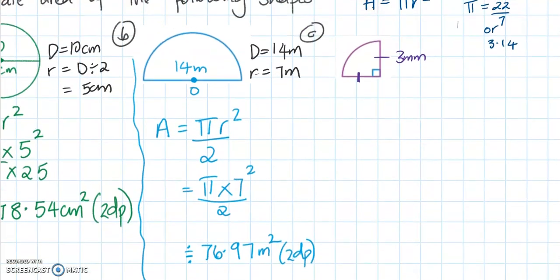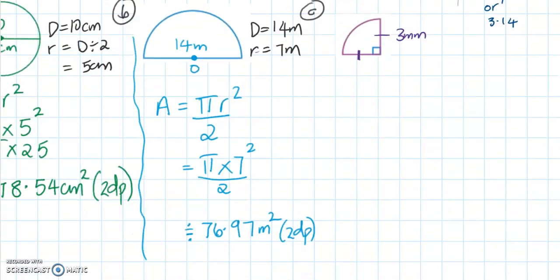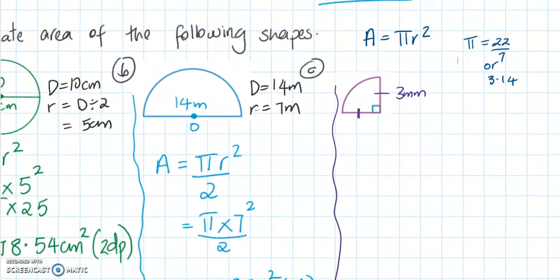If you have a look, the last one is a quarter of a circle. So what that means is we take our area formula. So A is equal to pi r squared divided by 4.